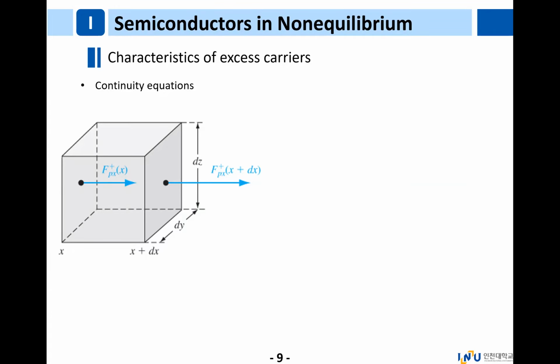Here, the flux can be obtained by dividing the current density by their charge, right?